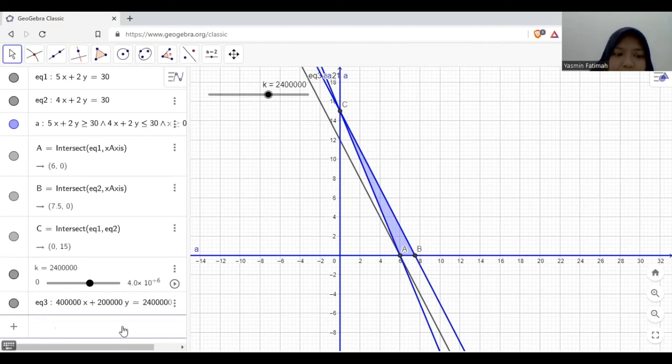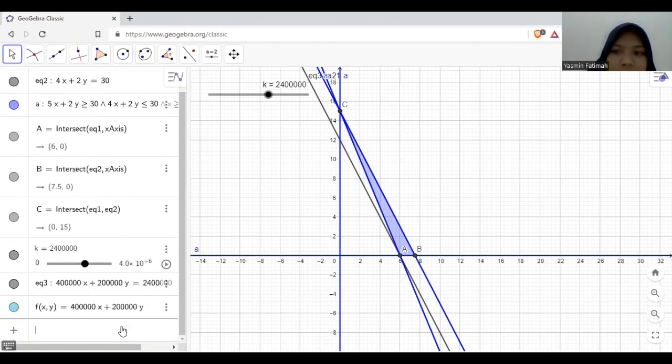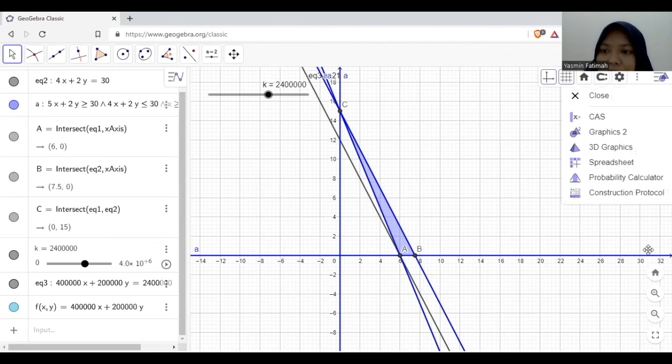But to make sure, we can check it by inputting the value at each corner point. So first we write the objective function of x and y equal to 400,000x plus 200,000y. And then we use the spreadsheet here.